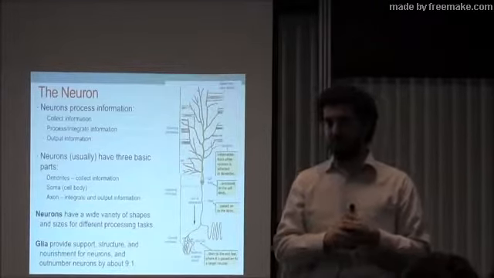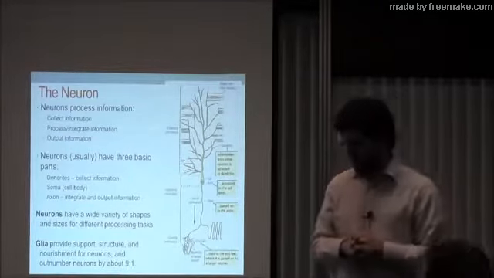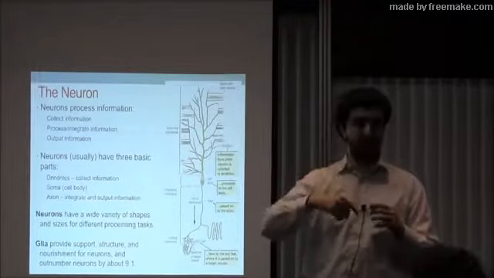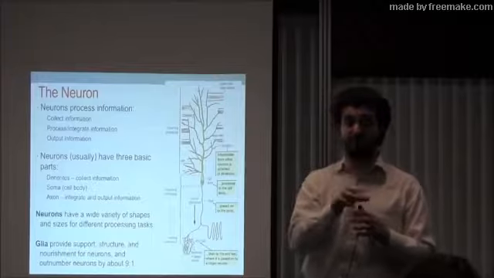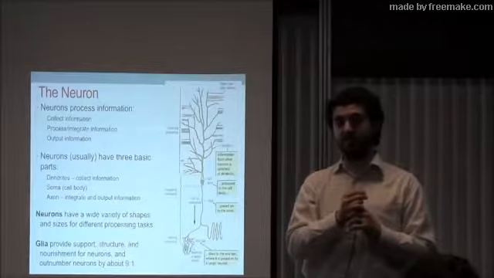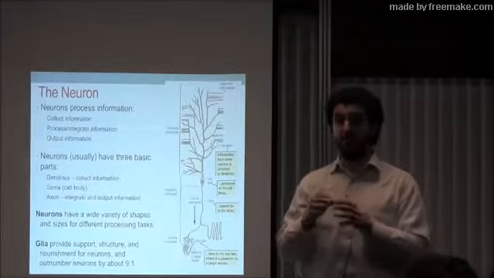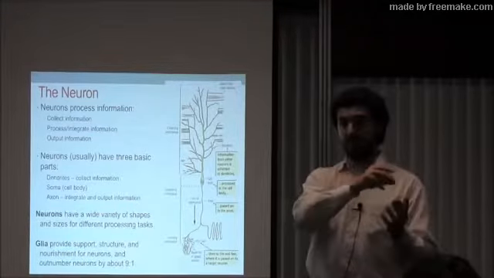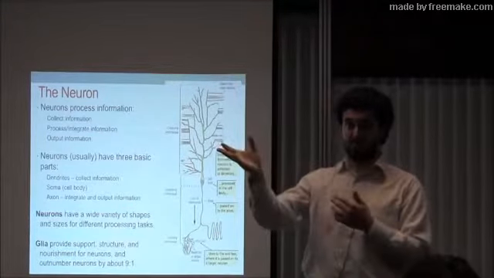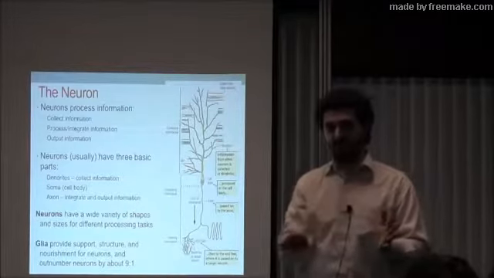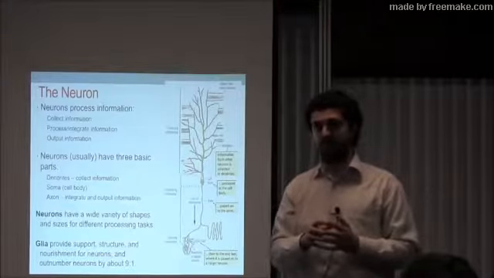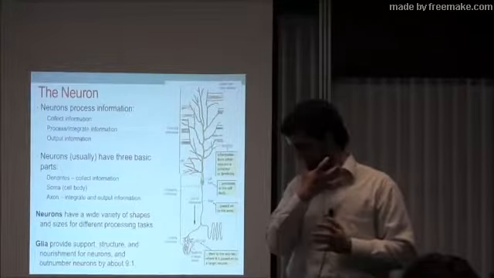Okay, astrocytes are usually surrounding blood vessels at a very close proximity, and they usually serve as an intermediate between neurons and the blood. They usually take nutrients out of the blood and transport them to neurons. They have very complex functions. Very little of that is known, and I can't say much about that.